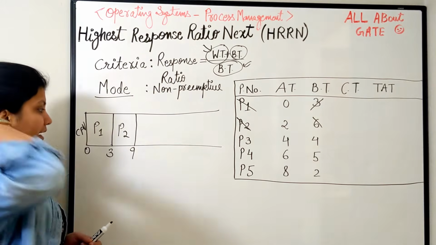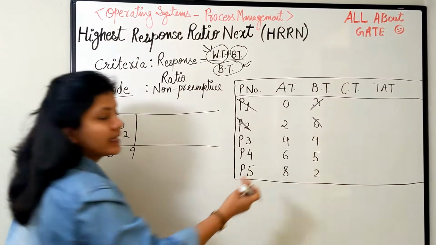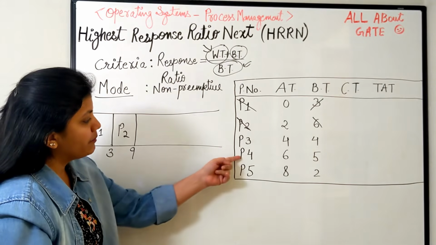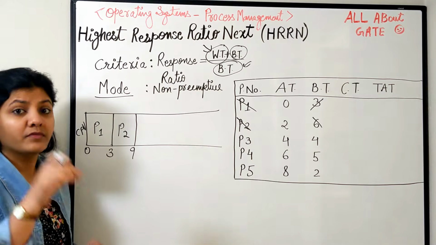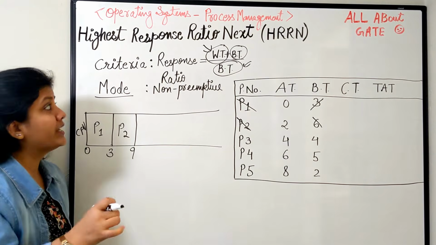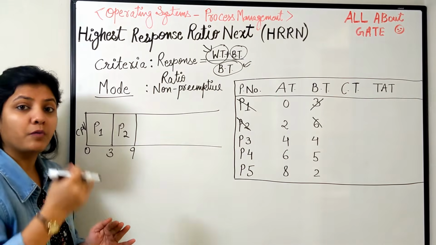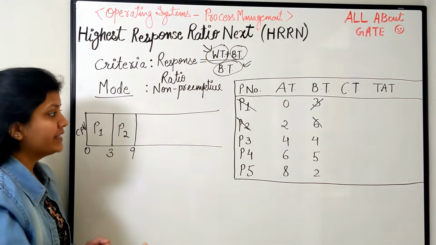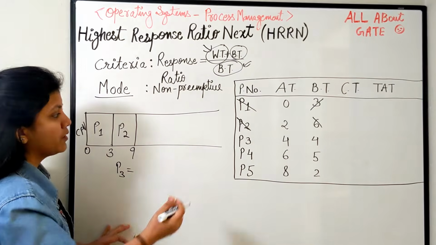Now we are at time 9 and all the other processes are available. We have P3, P4, and P5 available. Now what to do? This is the moment where you actually have to make use of the response ratio. You have to calculate the response ratio for each process. I'll do it right here for P3. What is the response ratio?